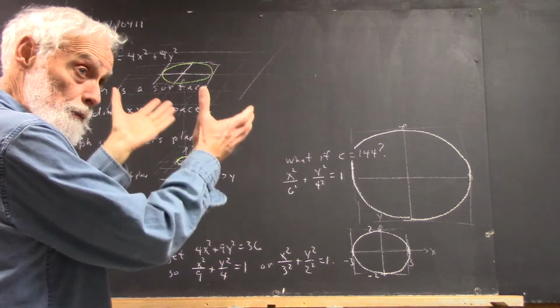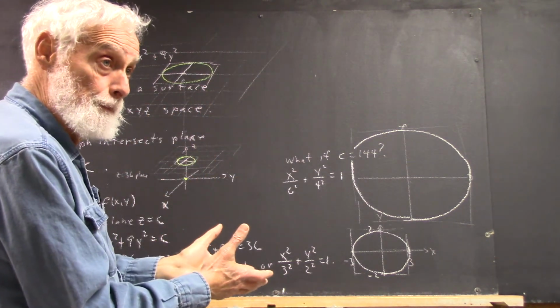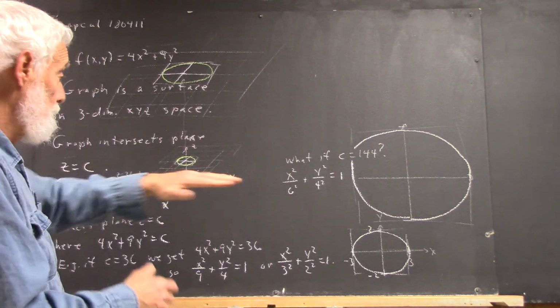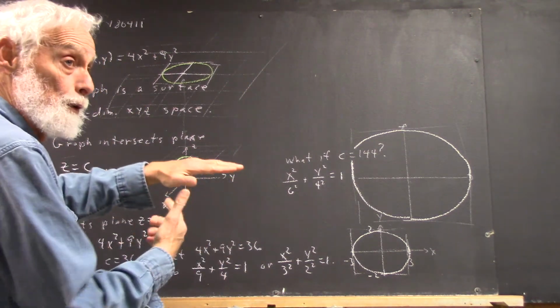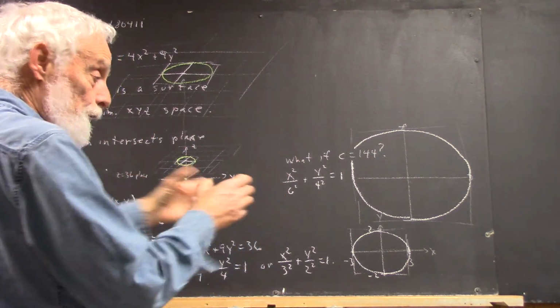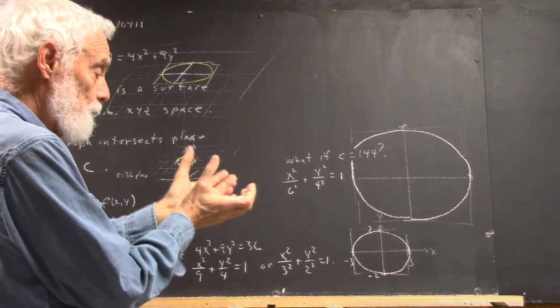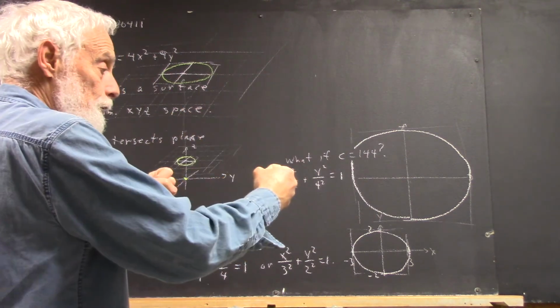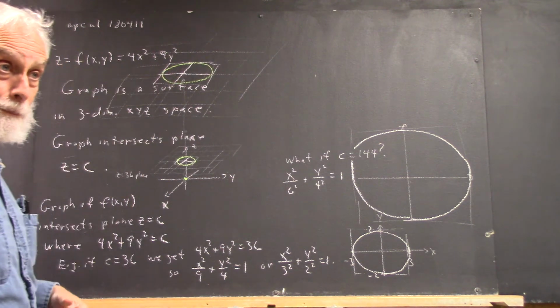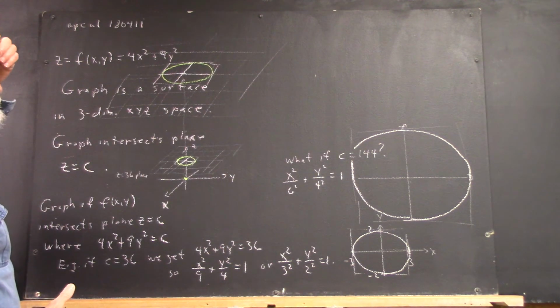Could be a cone, right? If you take a cone and slice it horizontally, well, you'd get a circle, but let's make it an elliptical cone, where it's wider in this direction than it is in this direction. Just take a regular cone and stretch it a little more in this direction than you do in this direction, and you would get ellipses, right? Okay?